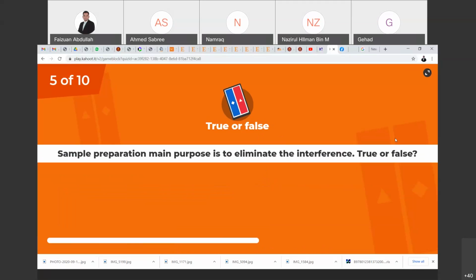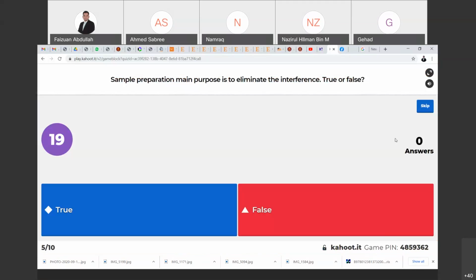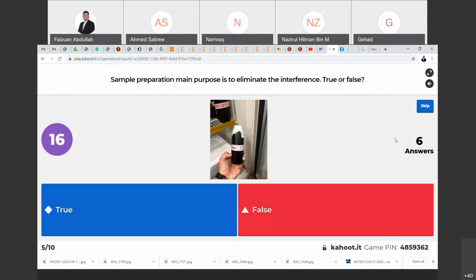True or false? Sample preparation meant to eliminate the interference. True or false? Come on, guys.